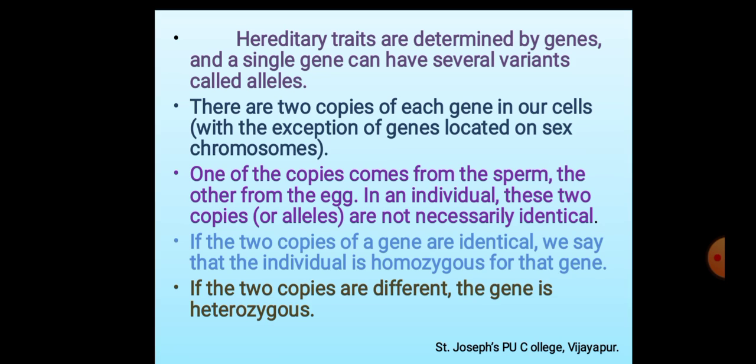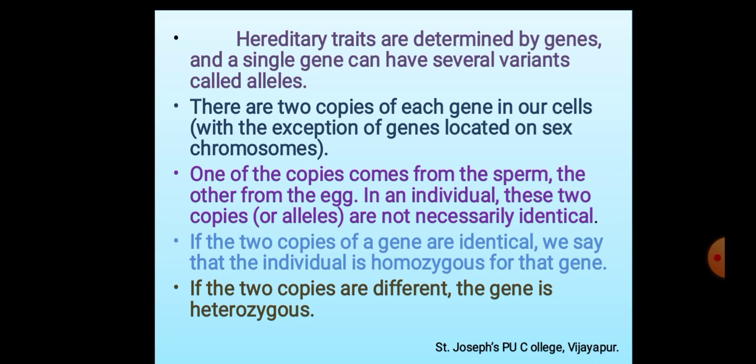Hereditary traits are determined by genes, and a single gene can have several variants called alleles. There are two copies of each gene in our cells. One of the copies comes from the sperm, the other from the egg.